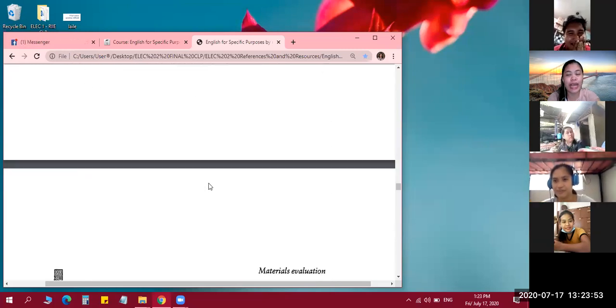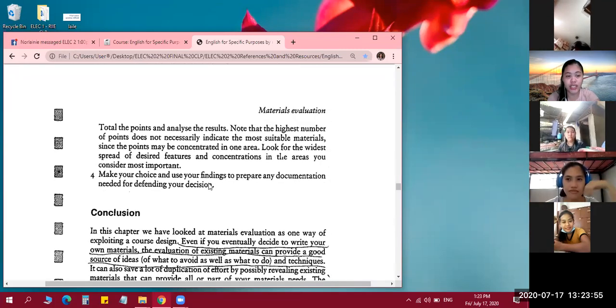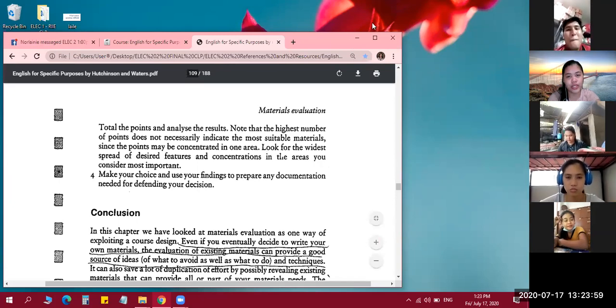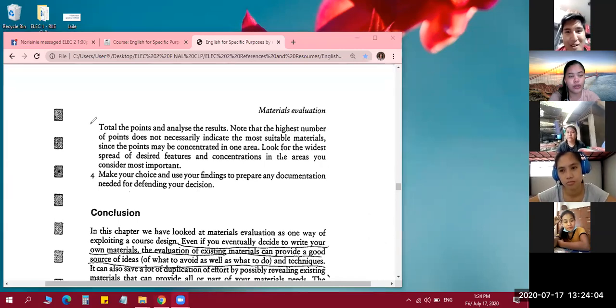Now, here's what will have to happen. After you match, listen everyone, after you match now the questions, it's very important that you total the points and analyze the result. Note that the highest number of points does not necessarily indicate the most suitable materials, since the points may be concentrated in one area.